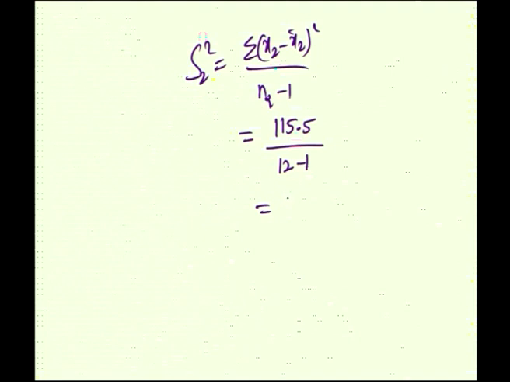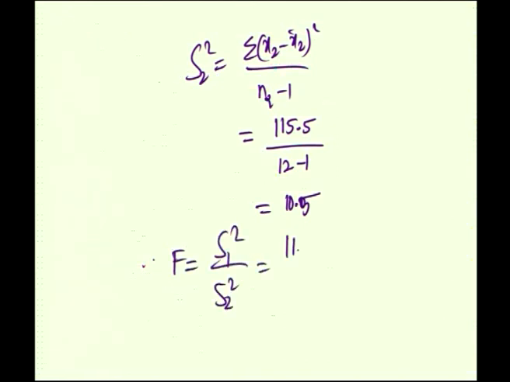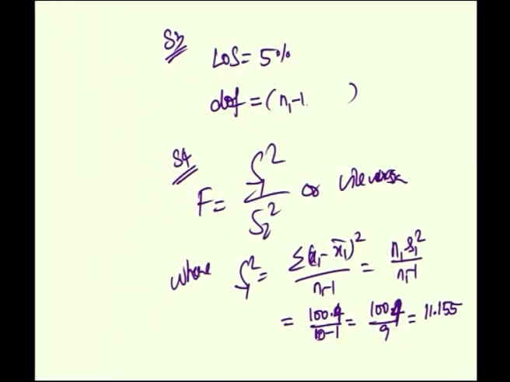Now, this is equal to 10.5. Therefore, F value is S1 square by S2 square, which is 11.155 by 10.5. This value is 1.062. Now, degrees of freedom has to be filled in, which is N1 minus 1 comma N2 minus 1. N1 minus 1 is 9, so 9 comma 11.